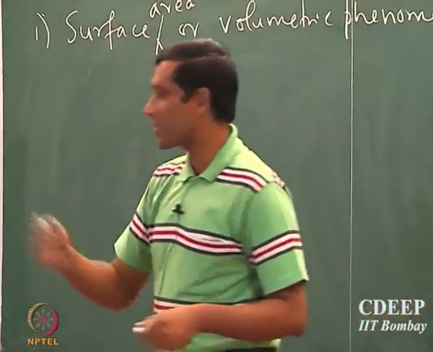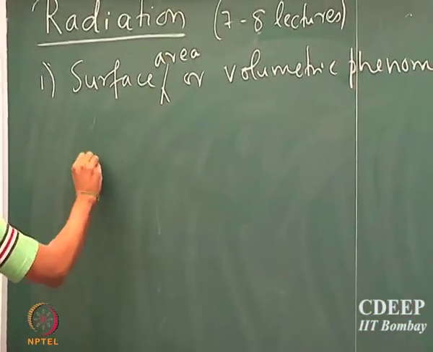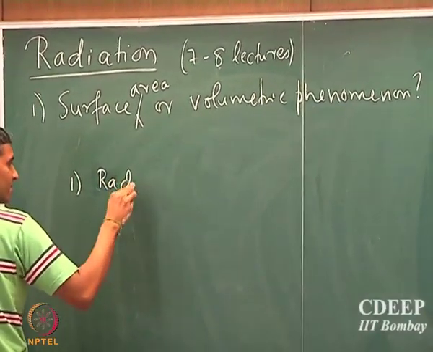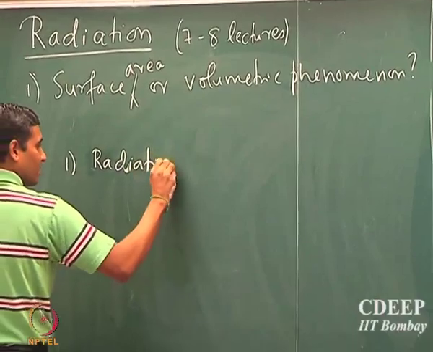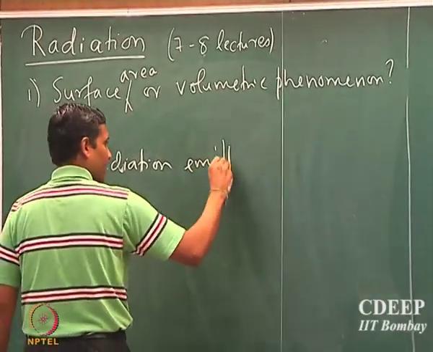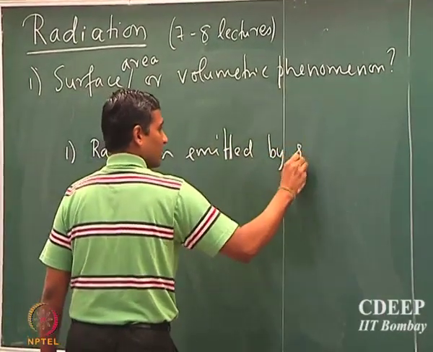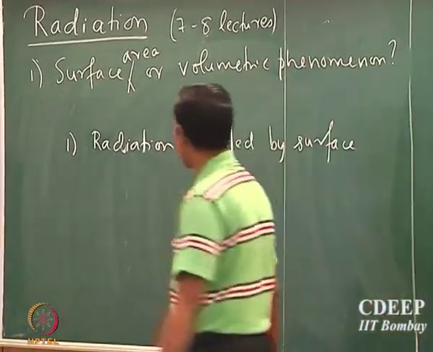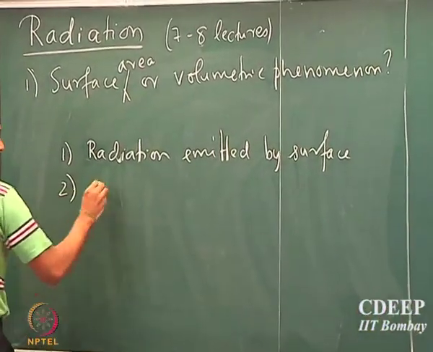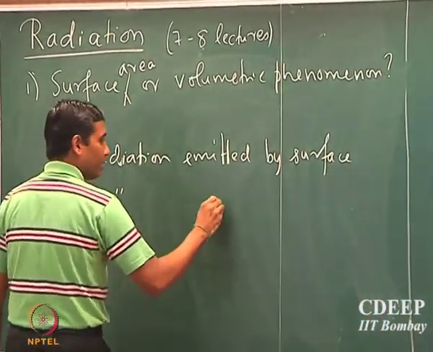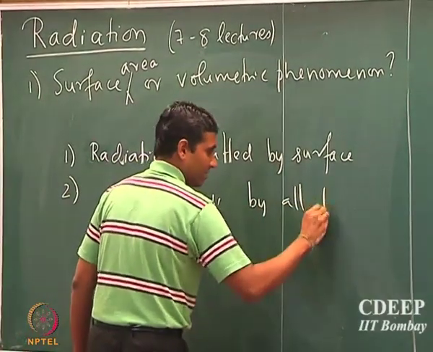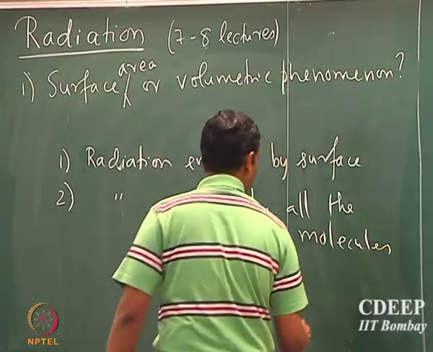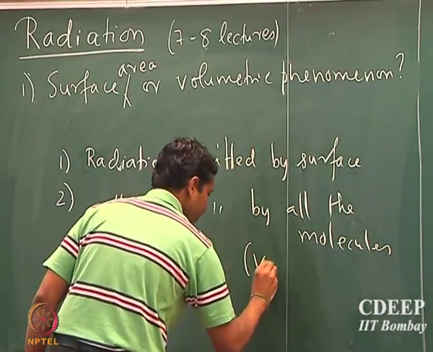Okay, so in the class we have got two thoughts. One is that radiation is emitted by the surface, so it has to be a surface area process, and the second thought we have got is that radiation is emitted by all the molecules, so it has to be a volumetric process.